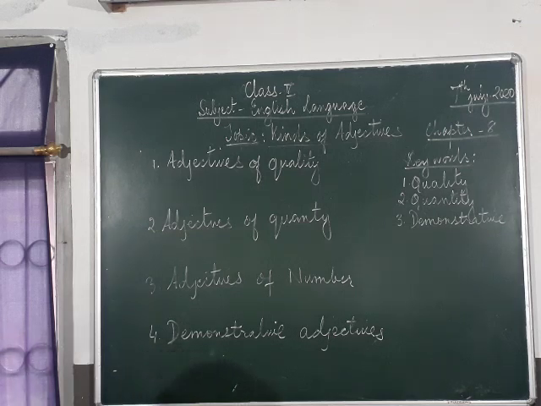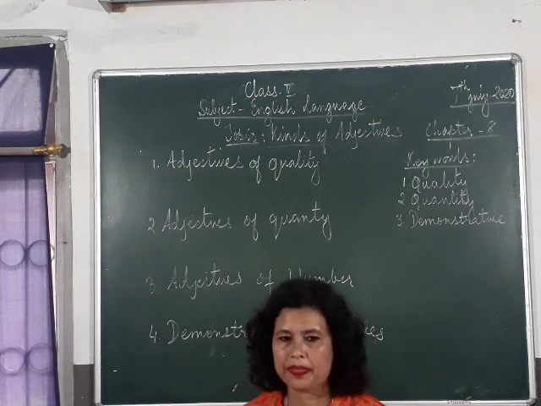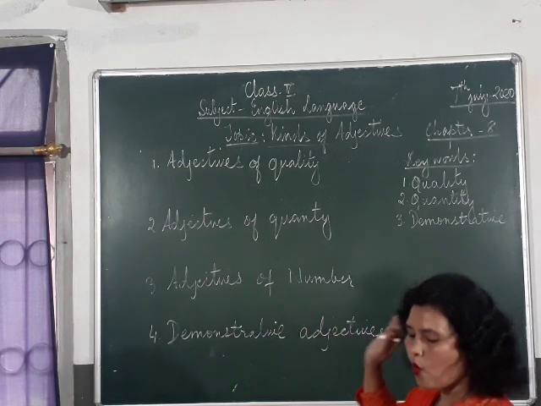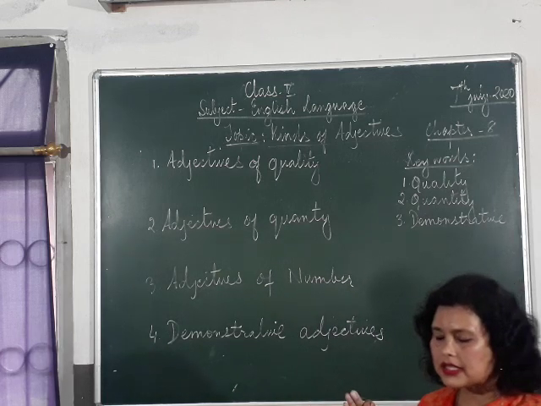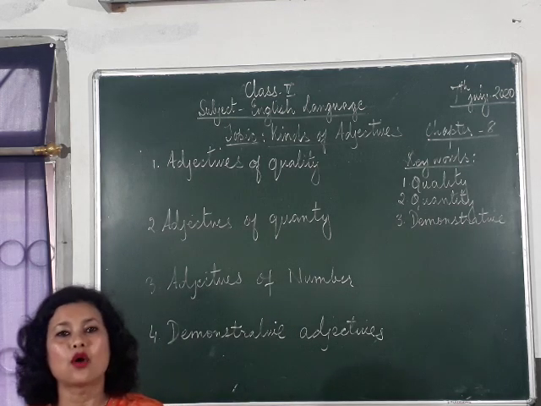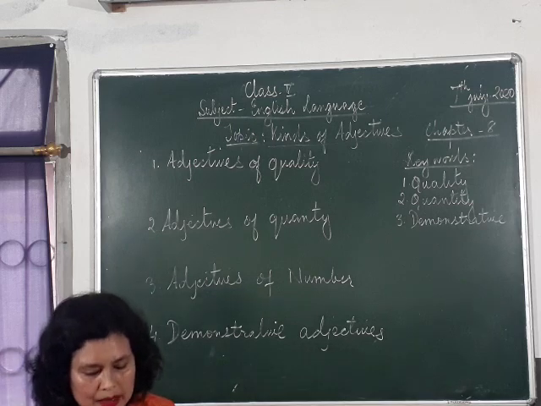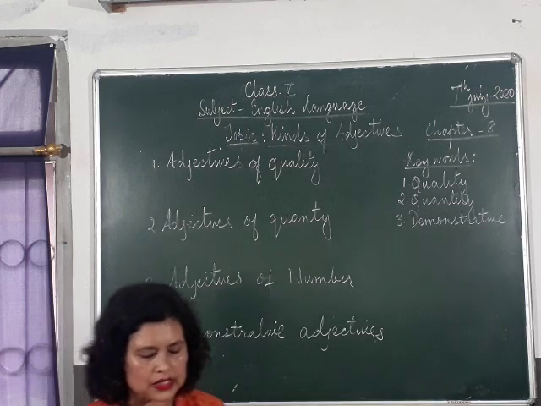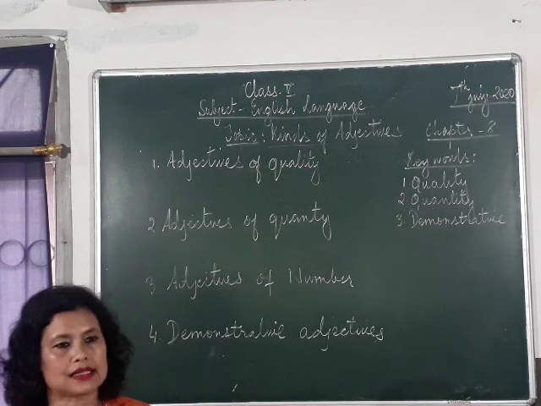What is an adjective of quality? Adjective of quality describes the quality of something or tells us what kind of a noun it is. Again, I repeat, it describes the quality of something or tells us what kind of a noun it is.